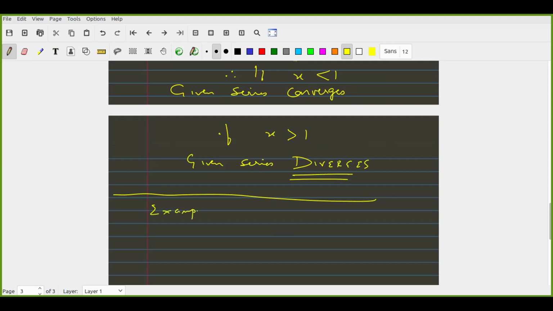Example 2. Let's look at summation un, which is given as a series: 1 cube by 3 plus 2 cube by 3 square plus 3 cube by 3 cube plus 4 cube by 3 power 4, and so on.